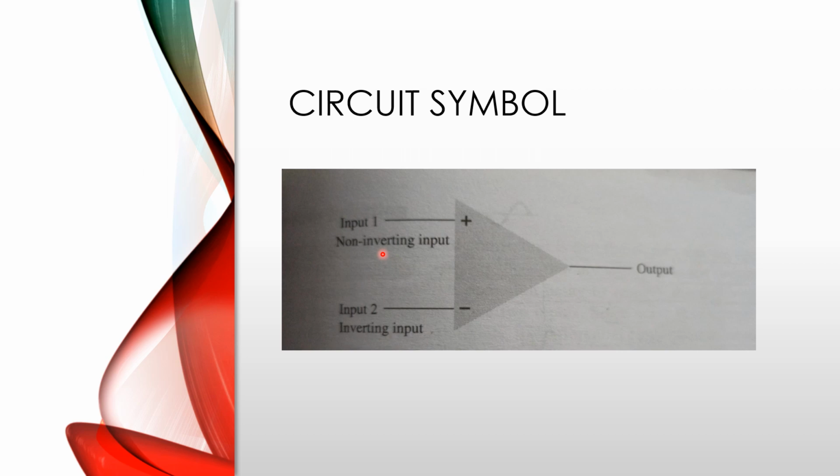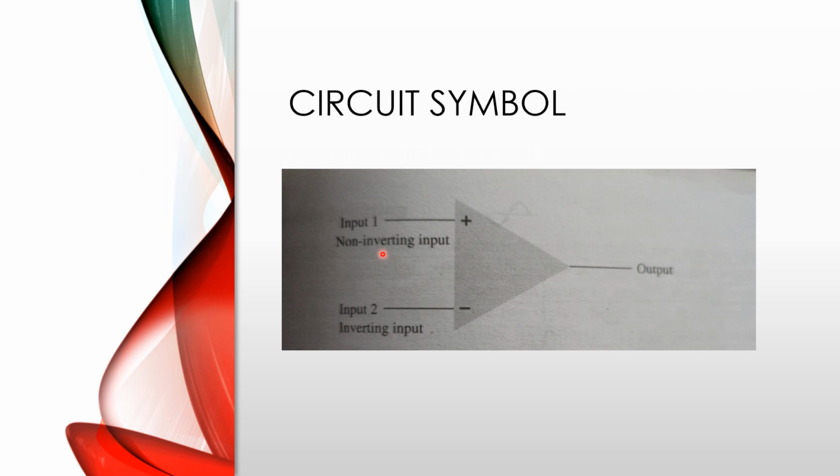But when we use terminal 2, that is the inverting terminal, if we give positive voltage, we get negative output. If we give negative voltage, we get positive output. That means this input terminal 2 is the inverting input terminal.